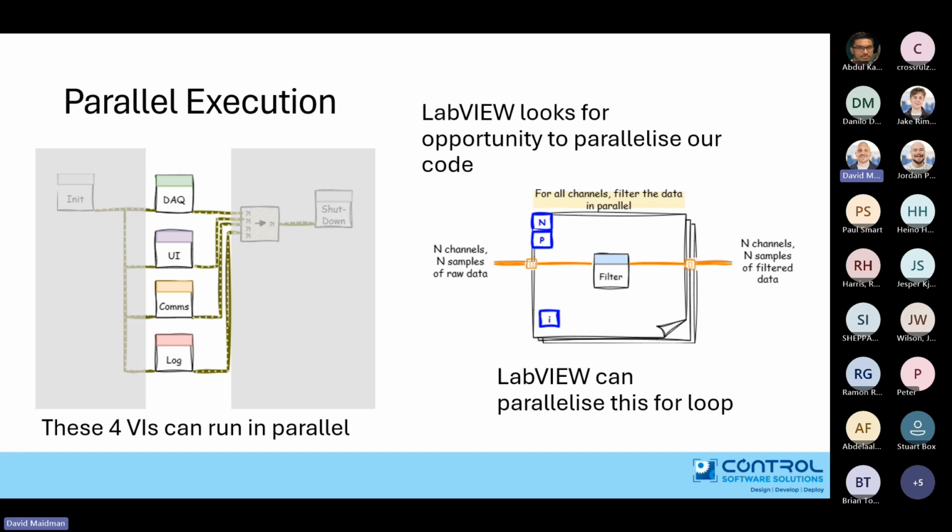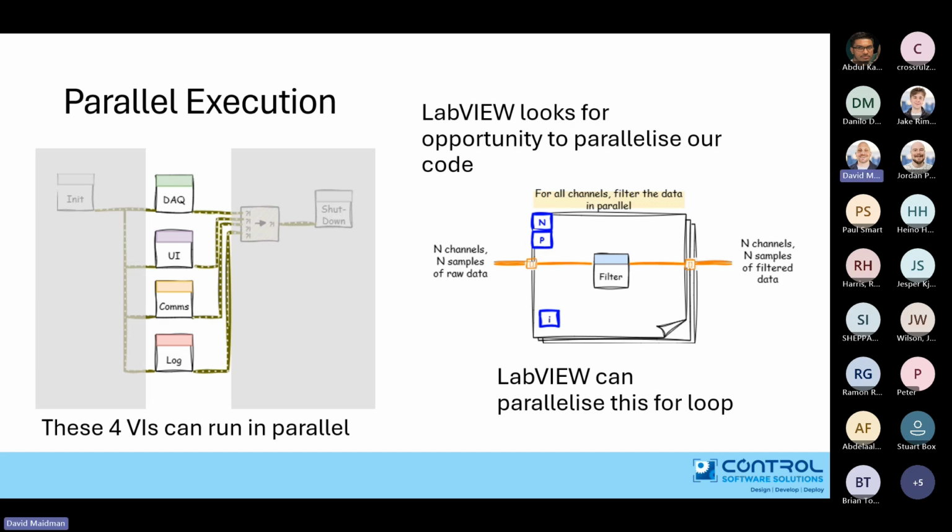So on my machine, I know that I've got 12 logical processors. So we know that these are all going to be able to sit and run in separate threads, even though they've got the same priority and same execution system.